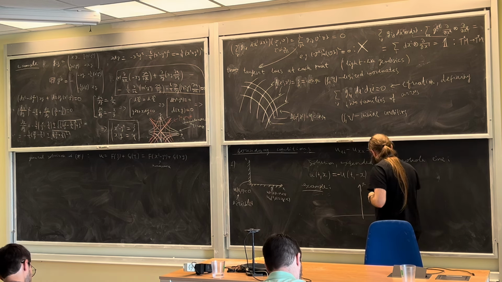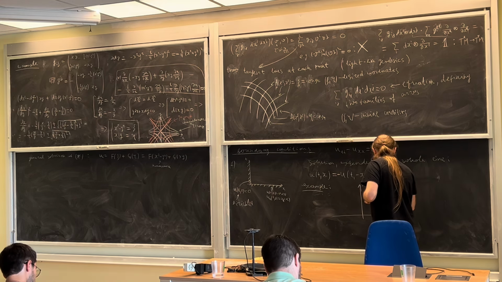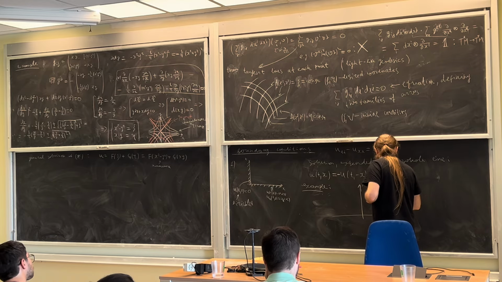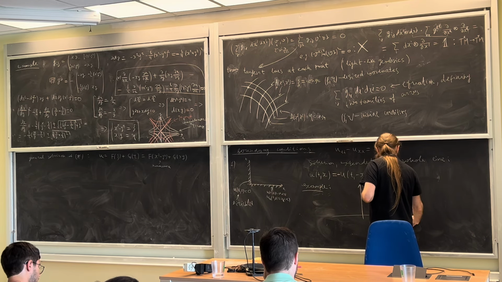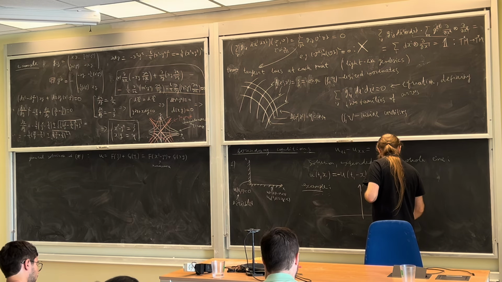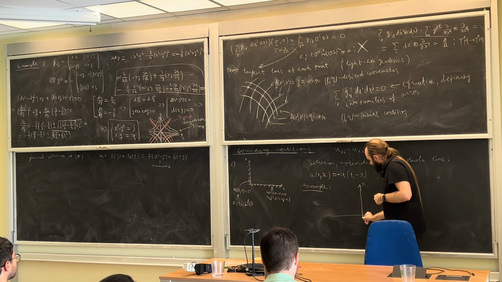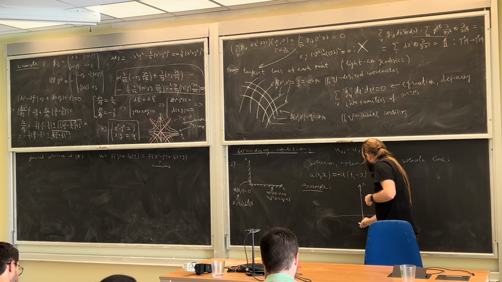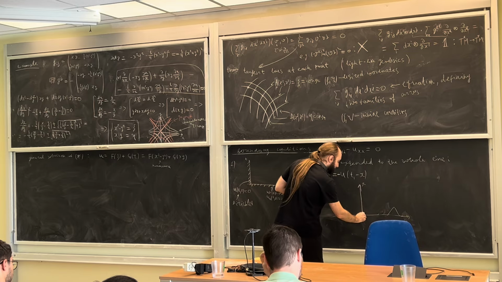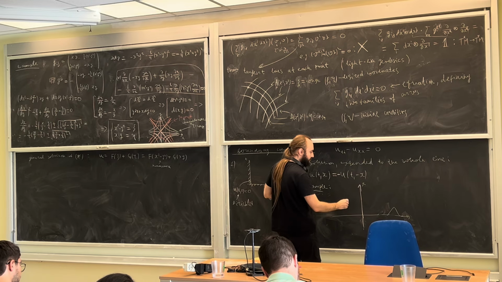We have some profile, like this triangle. Let us place it somewhere far away from 0. We have a triangle, and we have its mirror image.